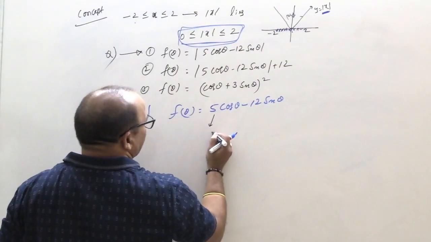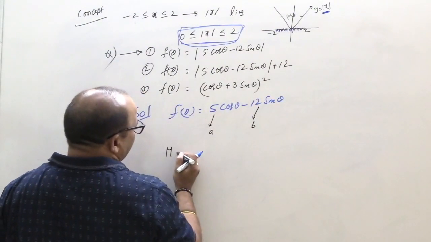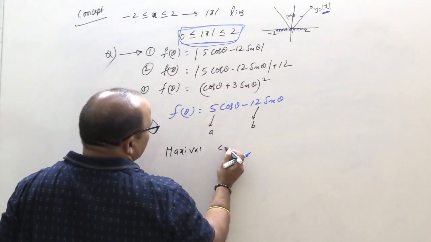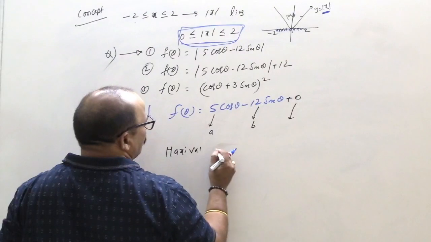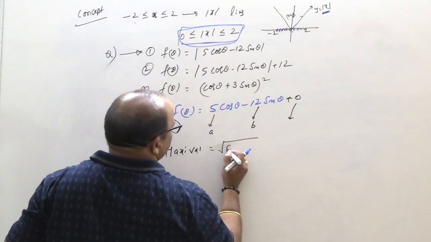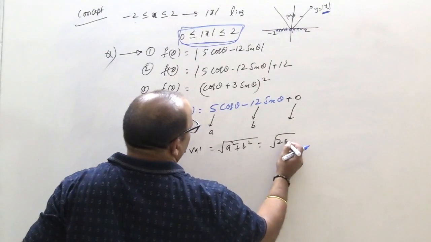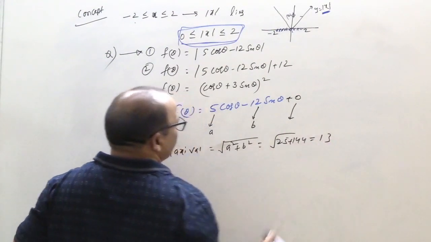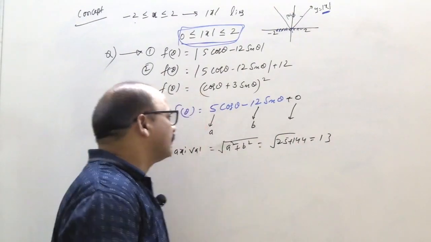This is the A, this is the B. So the maximum value is C plus root over A square plus B square: 25 plus 144 is 169, the square root of 169 is 13, maximum value 13.